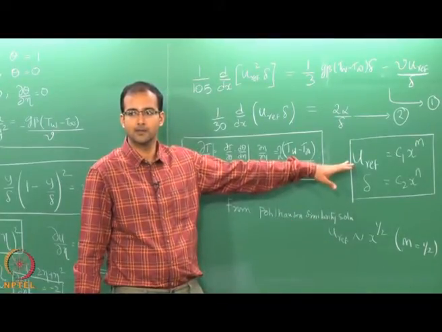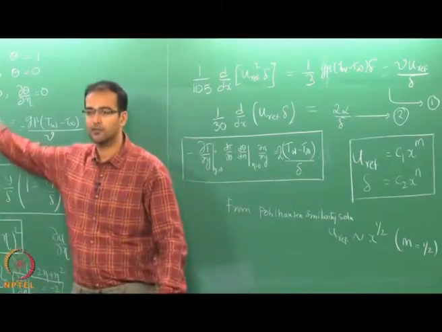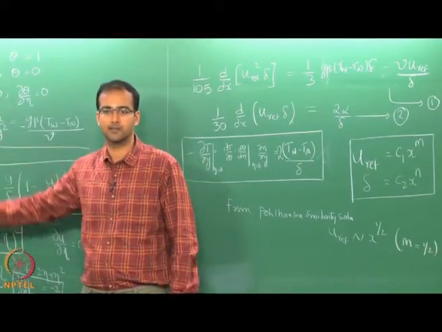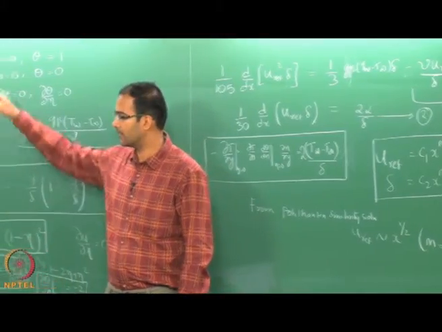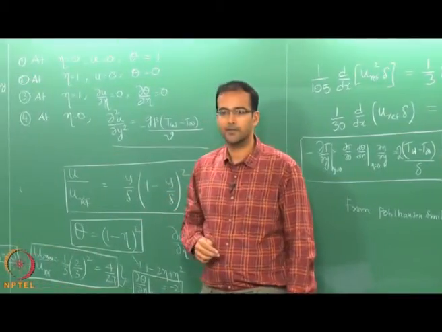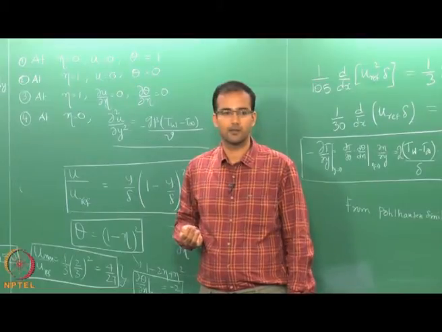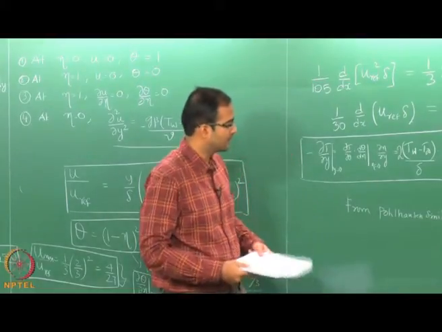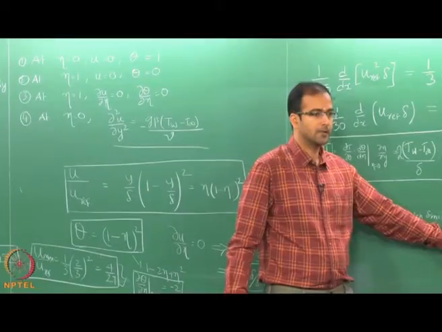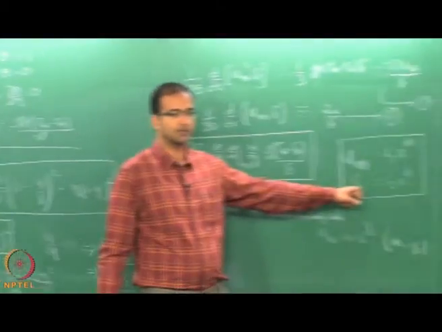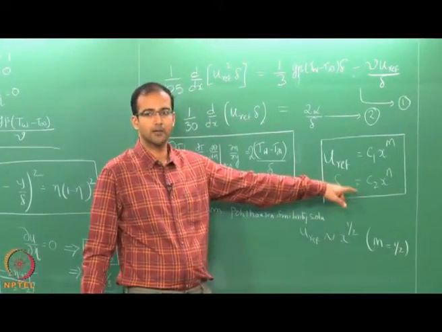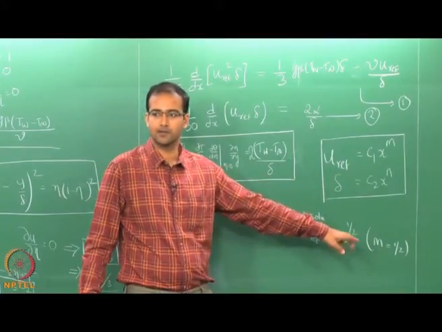We are doing this independent of whether the similarity solution exists or not. So in this case we have not got any input from the similarity solution, and from the approximate solution we should be able to extract the value of m as 1 by 2.